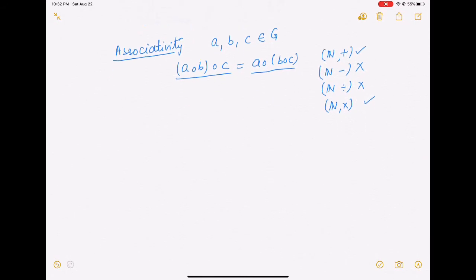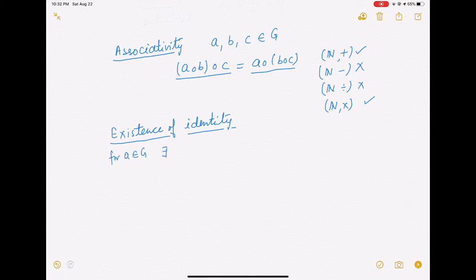Next one is the existence of identity. Does there exist any element in G, for some element A belonging to G?